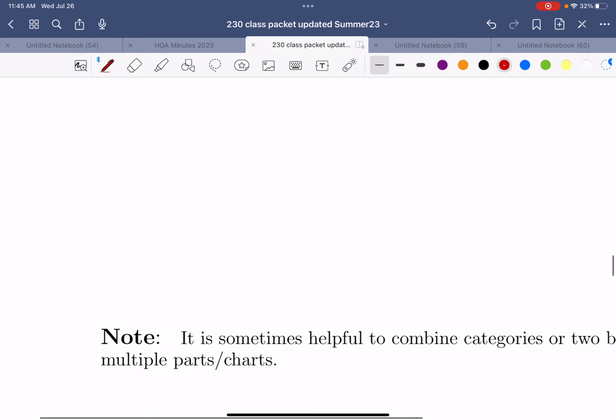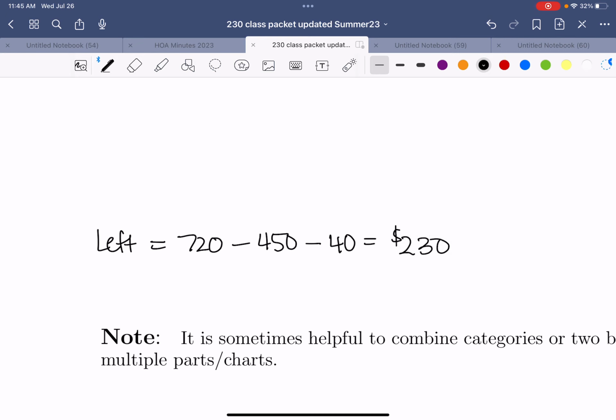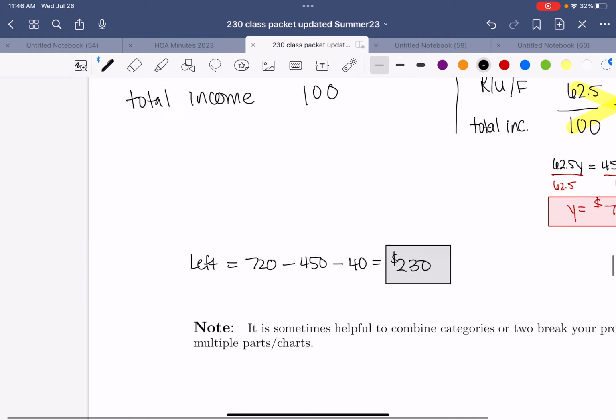So what's left is the $720 minus the $450 for rent, food, and utilities, and $40 for entertainment. So when you subtract that, you're going to end up with $230 left over to buy a car and the car expenses like gas and insurance and things. Okay.